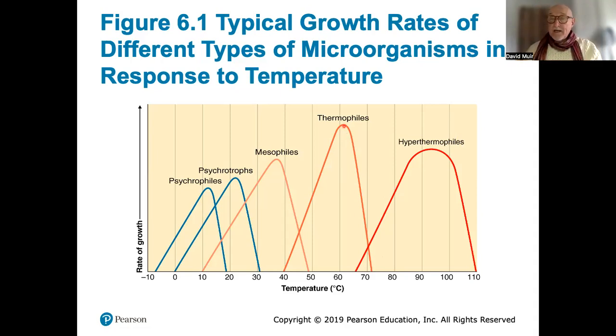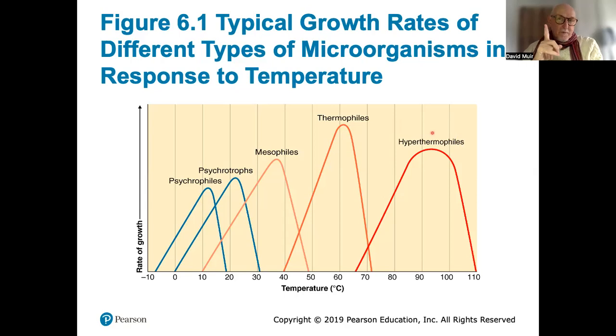But surprisingly enough, a clever master's student at NYU, I think it was, went and looked in hot water cylinders all over the city of New York and discovered that many of the hot water cylinders actually have these thermophiles growing in them. So they don't only occur naturally, they occur under artificial conditions as well.